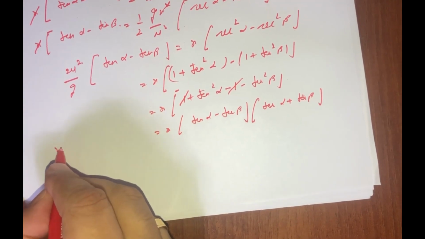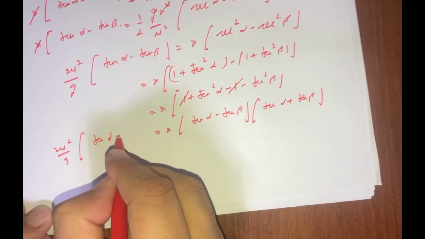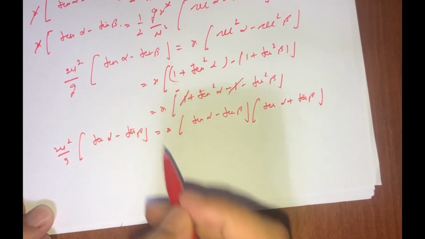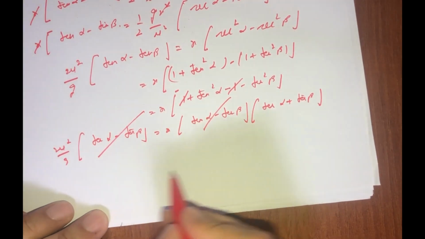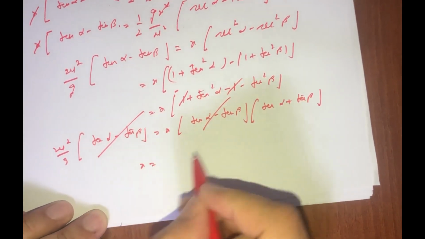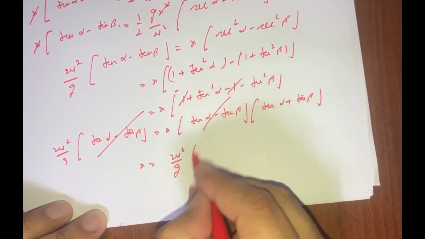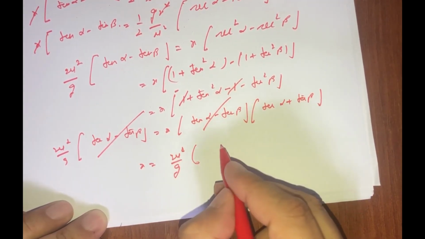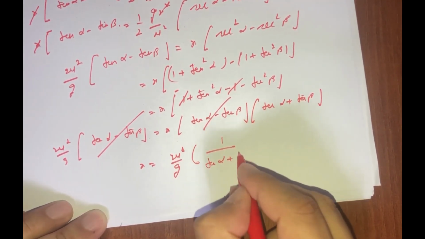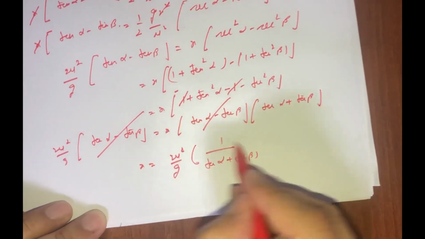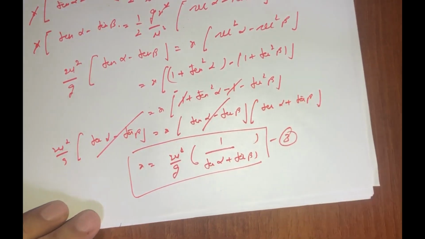On the left side we have 2u square by g multiplied by tan alpha minus tan beta, which cancels out. So x equals 2u square by g multiplied by 1 upon tan alpha plus tan beta. Let this be equation number 3.